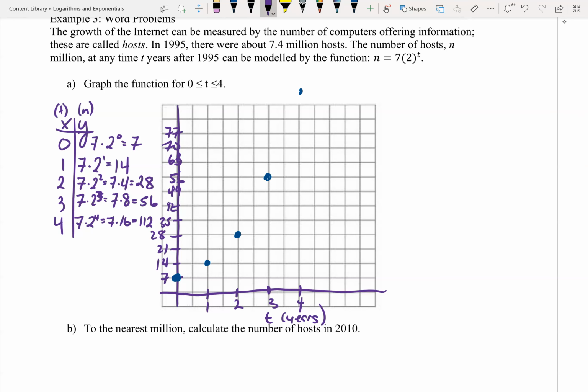Then we'll connect our points from left to right. So that's what our graph looks like.